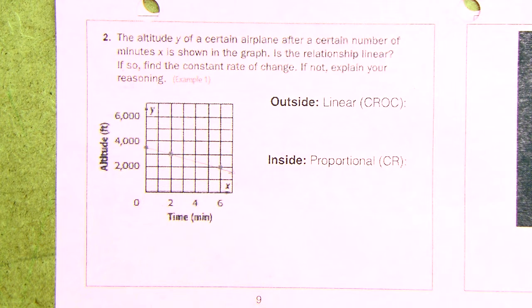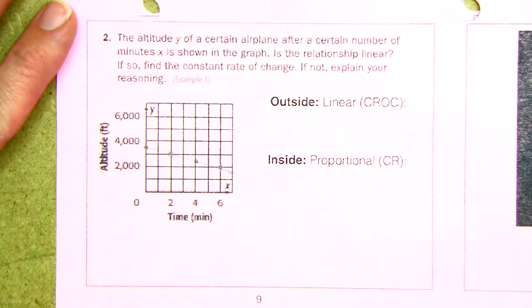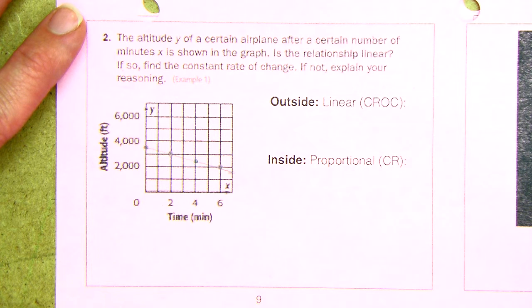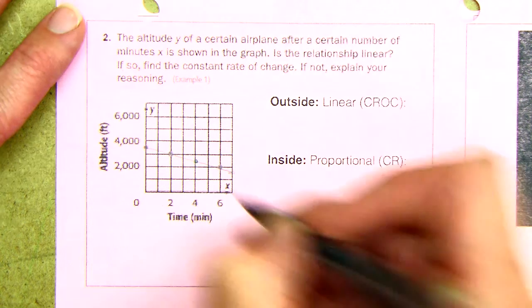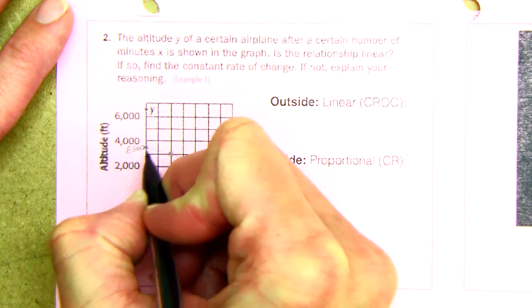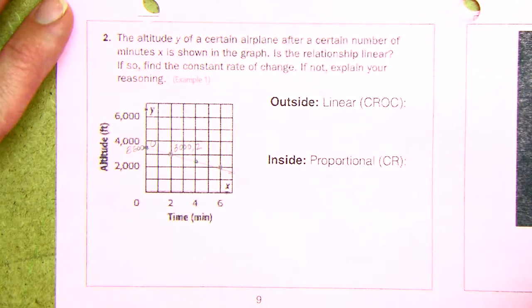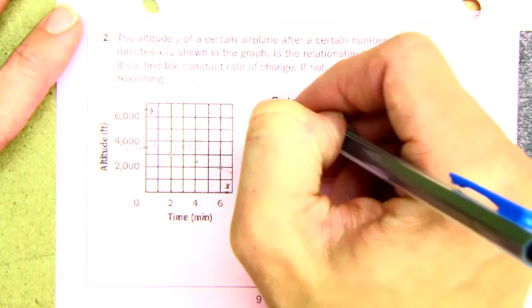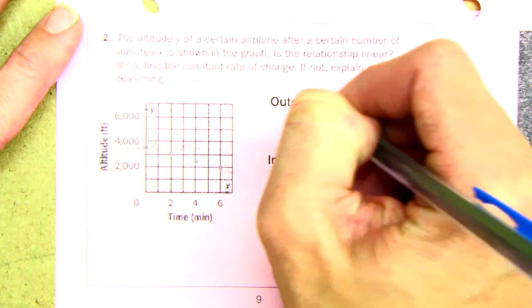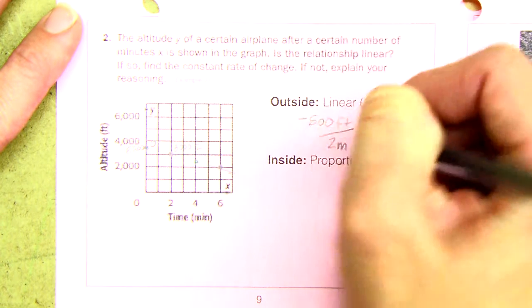So let's see there. Would you say that is a straight line? I would say that's pretty darn close. The constant rate of change. Well, let's see. This one would be about 3,500 at 0 and 3,000 at 2 minutes, which means it is negative 500 feet per 2 minutes.